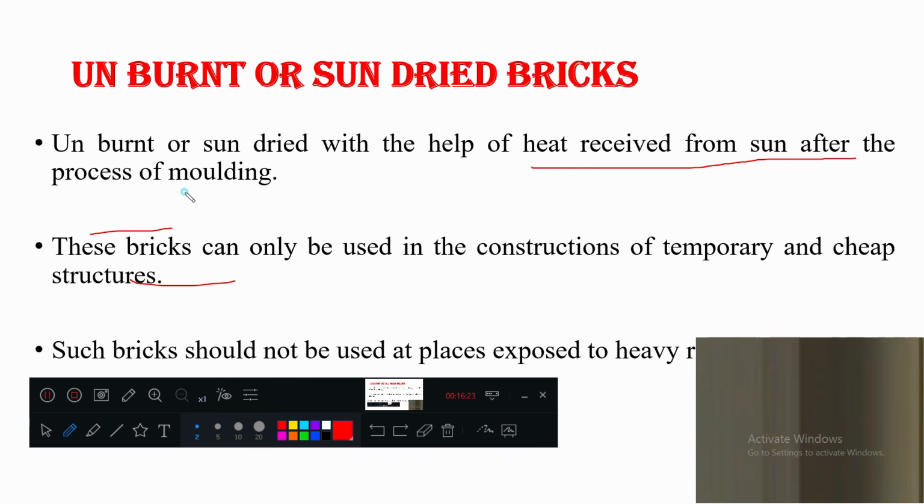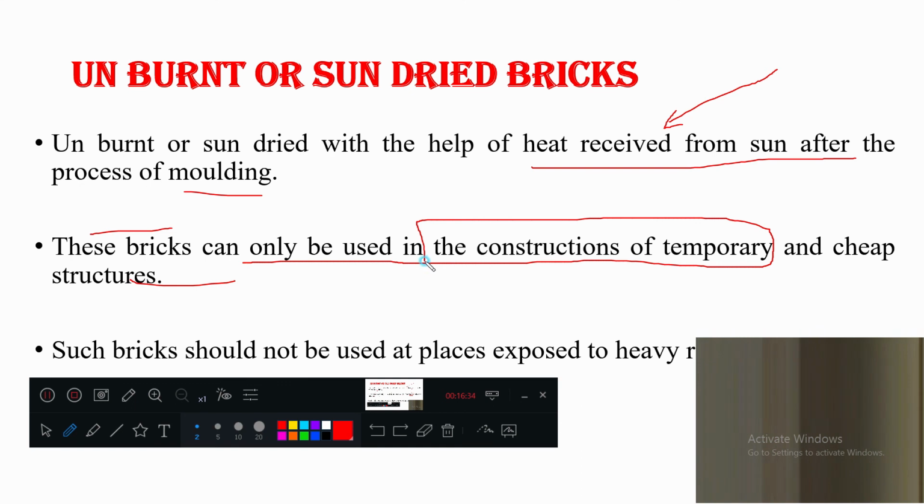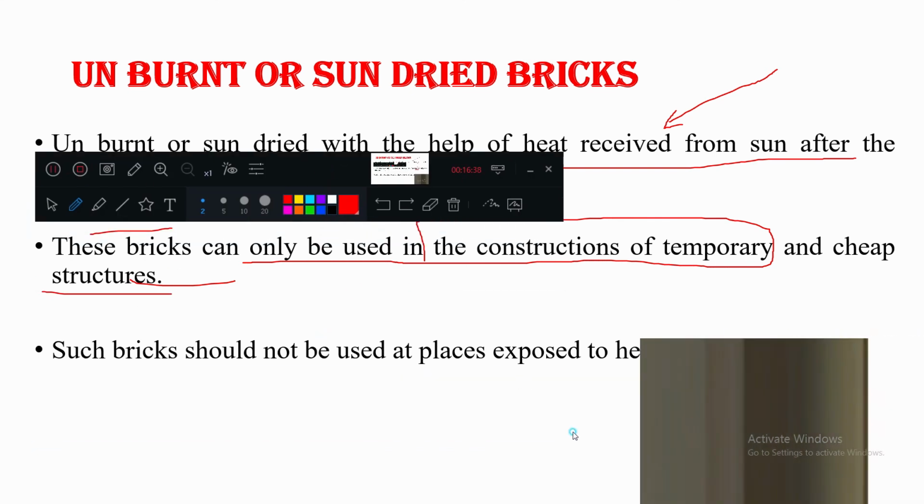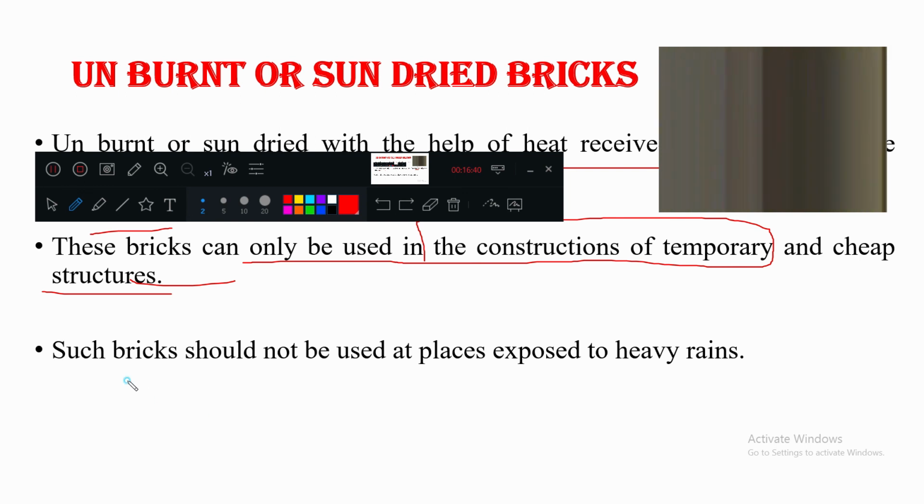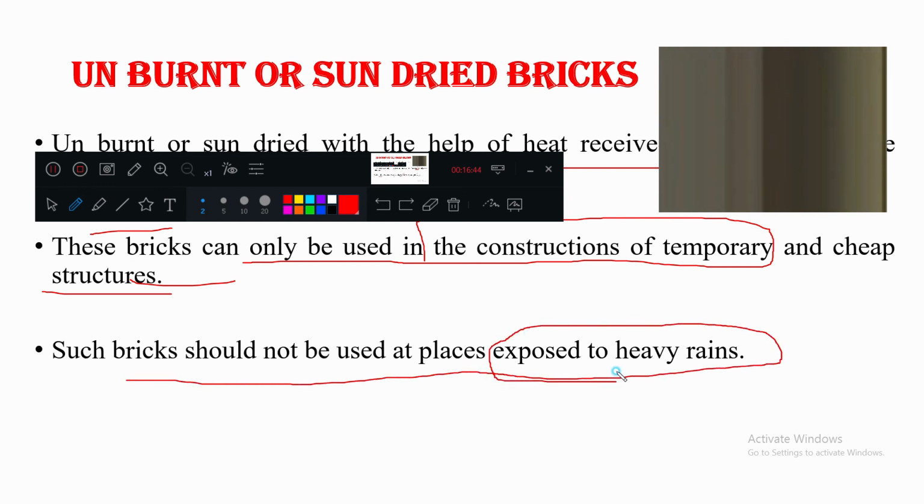Directly after molding, they will be kept outside in the atmosphere and they will get heat from the sun. These bricks are only used for temporary construction and cheap structures, very less costly structures. So these bricks should not be used for heavy rain works.